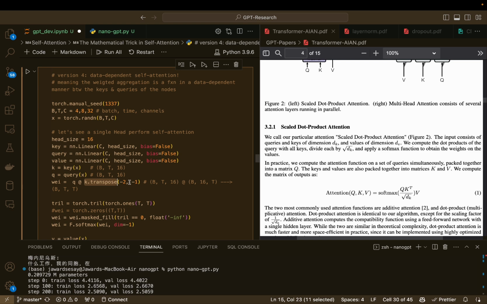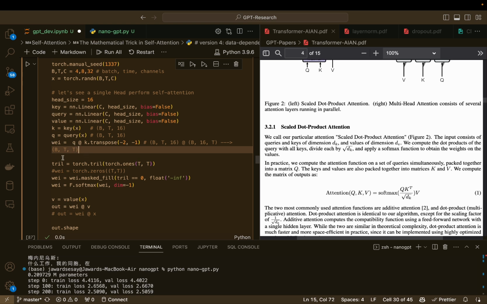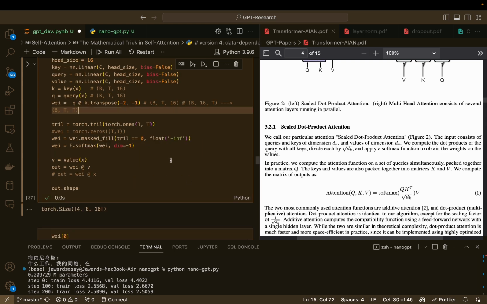We want to set 16 to take T's place, and then T will take 16. When we do that, we get this matrix. That's the only way we will be able to get B by T by T, which is a more data-dependent matrix. So we can start from here, apply our tril as before, and then after that, we apply our masked fill and then softmax.